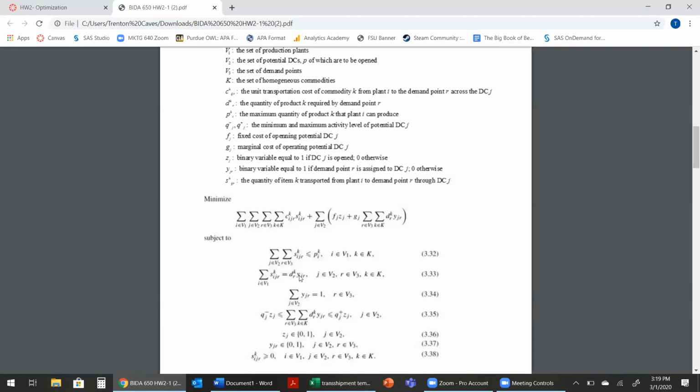So if we're shipping from a distribution center to a demand point, the amount we ship has to equal our demand.